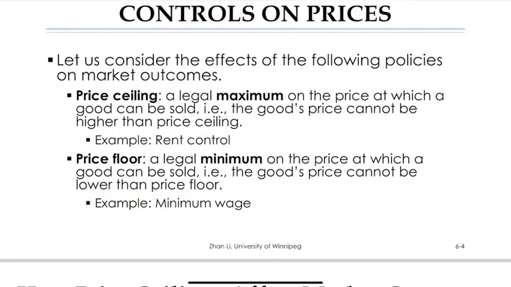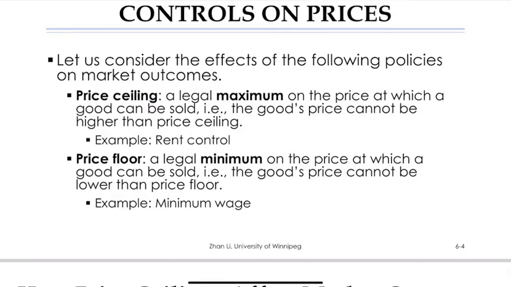To give you an example, just assume, let's say, the city of Winnipeg says the price ceiling for a two-bedroom, two-bathroom apartment for rent is $1,000.